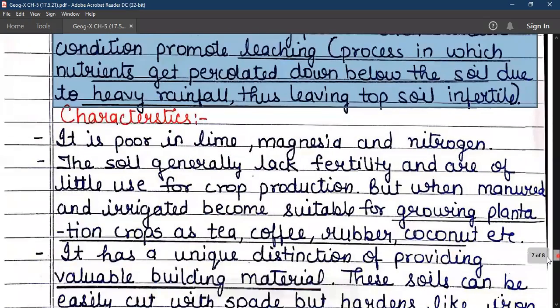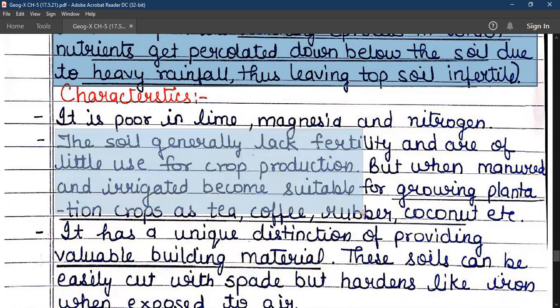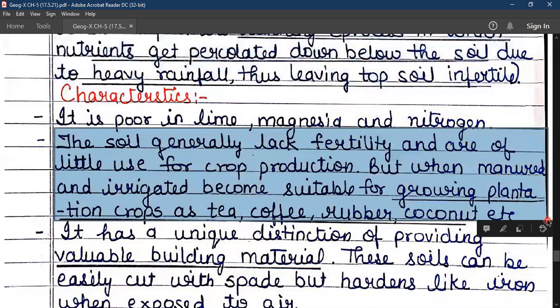Characteristics of nitrite soil are: it is poor in lime, magnesia, and nitrogen. Second, the soil generally lacks fertility and is of little use for crop production.